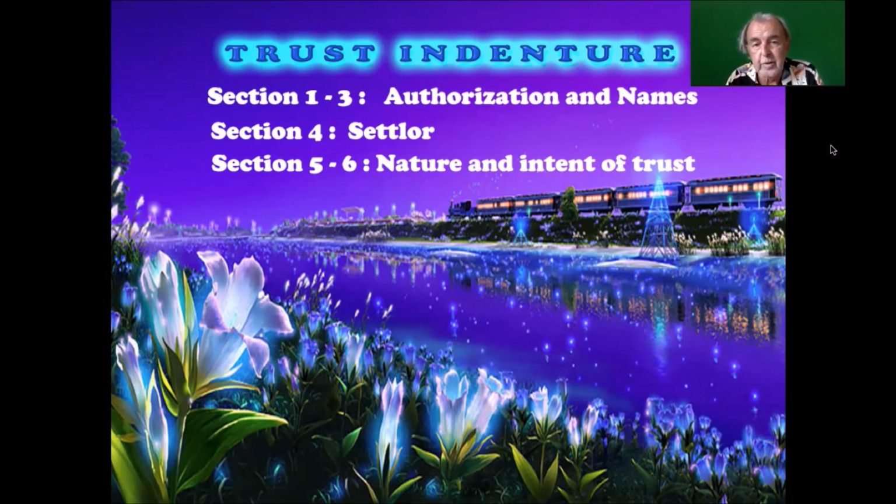We're going to run through this scenario. And then he's going to appoint trustees. And what you have to do is, if you're going to create an irrevocable trust, you must not, as the settler, be able to influence or have control over the trustees.